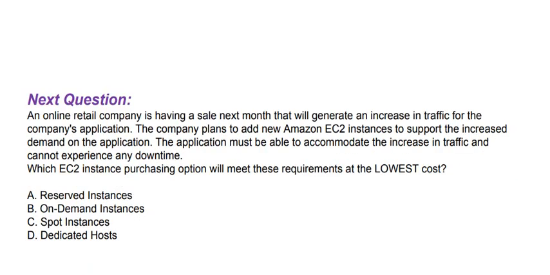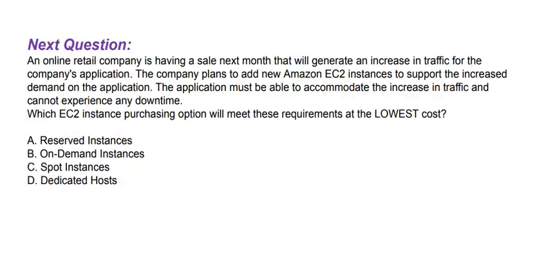Next question is, an online retail company is having a sale next month that will generate an increase in traffic for the company's application. The company plans to add new Amazon EC2 instances to support the increased demand on the application. The application must be able to accommodate the increase in traffic and cannot experience any downtime.